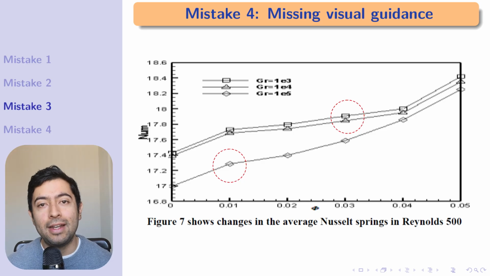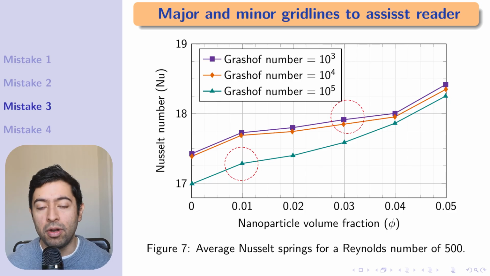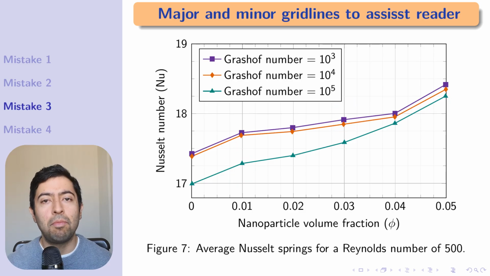But once I add background grids, I can very easily identify that between this point and this one, I've got about half a unit of the Nusselt number, right? So this is another example of how you can use background grids to assist your readers in understanding your charts.